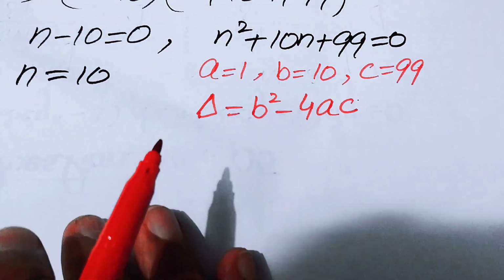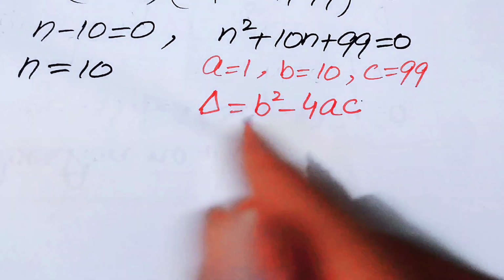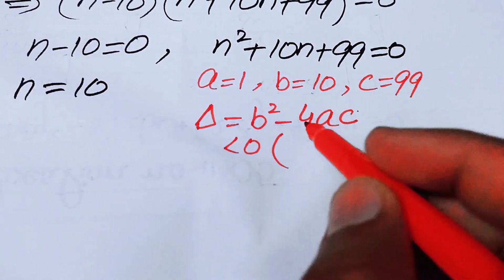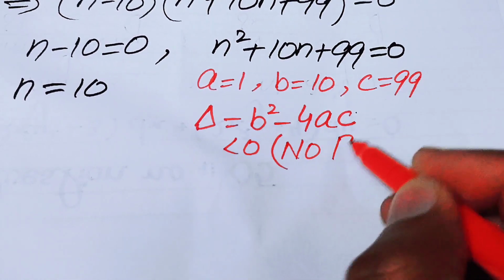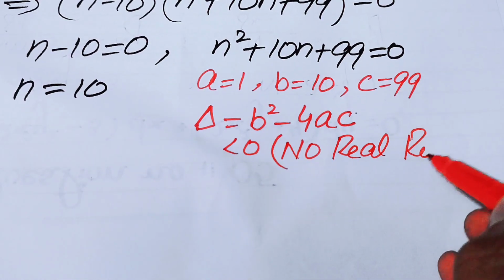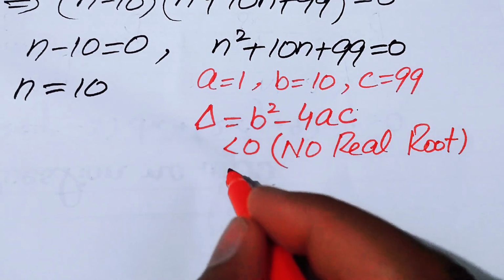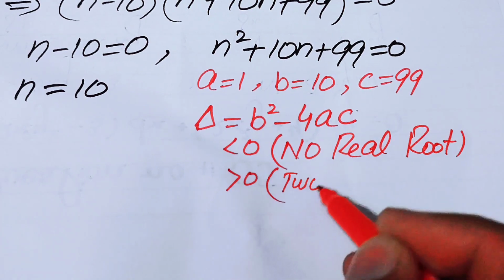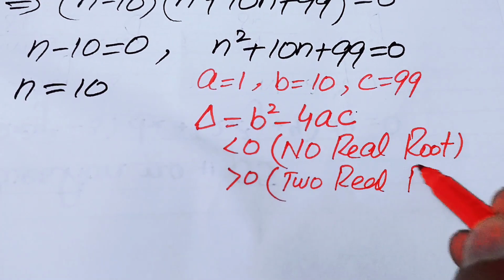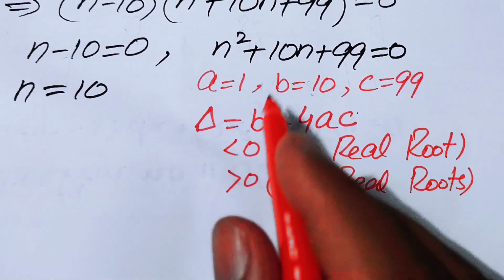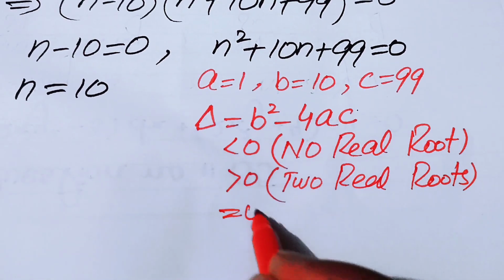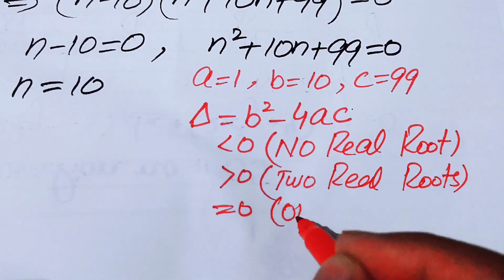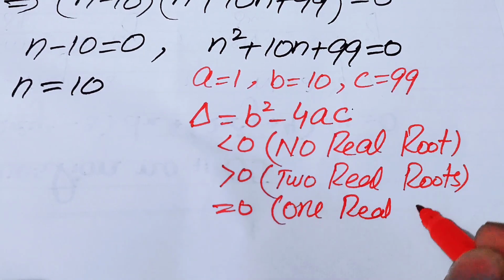If this delta is less than 0, then this quadratic equation has no real root, and if this delta is greater than 0, then this quadratic equation has two real roots, and if delta is equal to 0, then this quadratic equation has one real root.